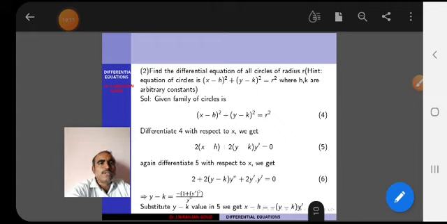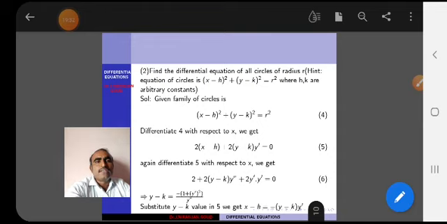So first differentiate with respect to x, then we will get x minus h whole square derivative is 2 into x minus h, plus y minus k whole square derivative is 2 into y minus k into y dash. Here y dash is nothing but dy by dx, is equal to r square is constant, so the derivative of r square is 0.